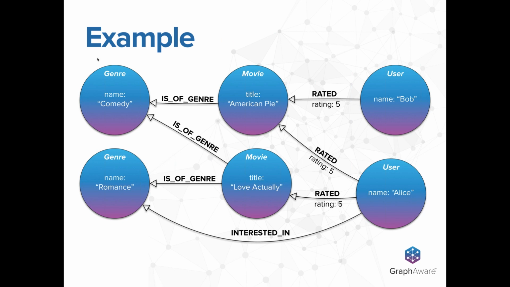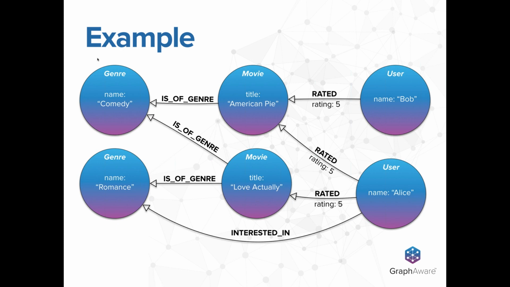Back to our graph that we presented earlier, you could easily see, for example, if I wanted to recommend something for Bob on top right, I could go about it by saying, well, he's seen American Pie. If that's genre comedy, what other comedies do we have? Love Actually, that's one of them. So that would be a genre-based recommendation.